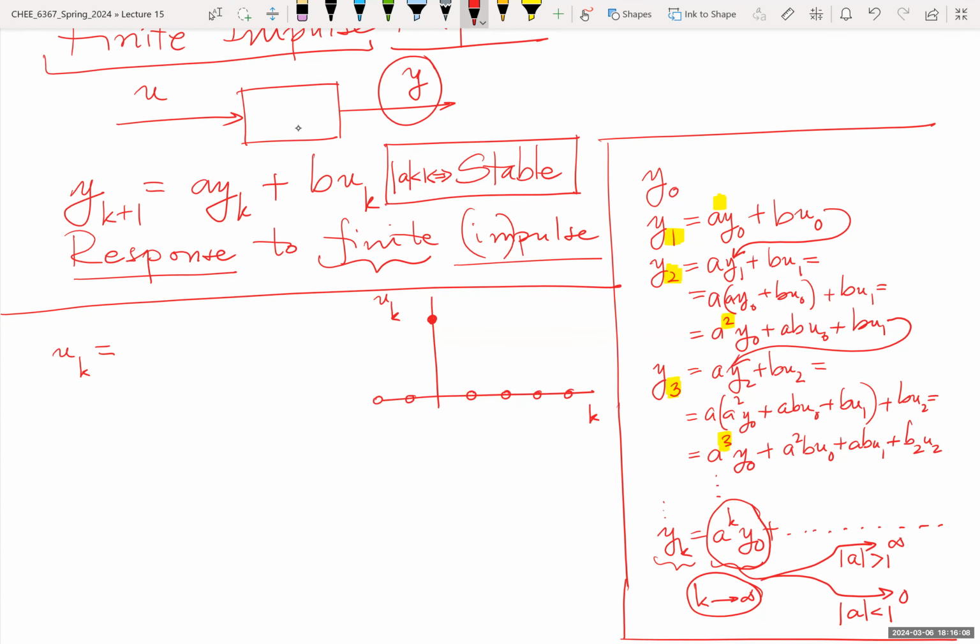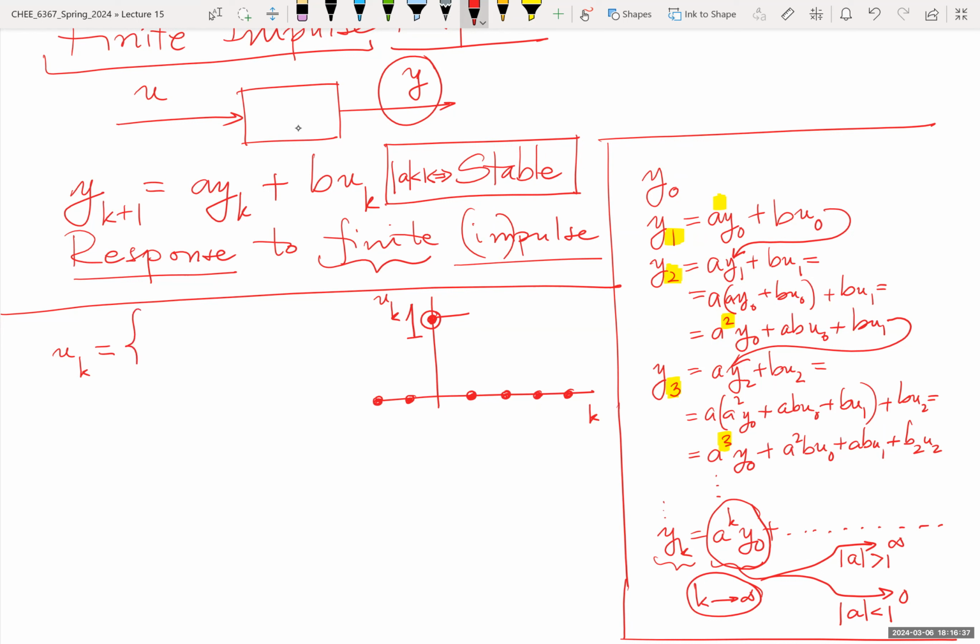So these are the values of uk. Of course, in continuous time, this will be kept like this in my system, and that's why we call it a pulse. But as far as the points are concerned, I have 0, 0, something non-zero, 0, 0, 0, 0. In fact, let's make that a unit pulse.